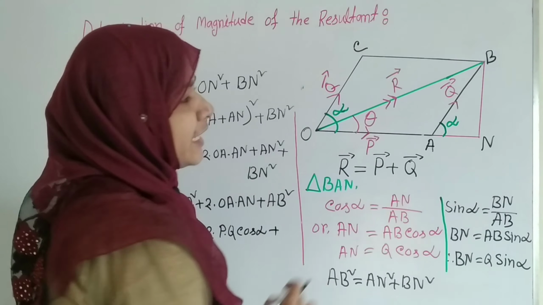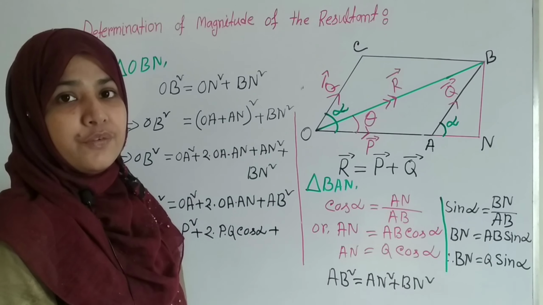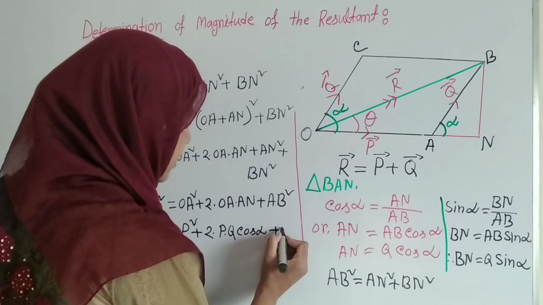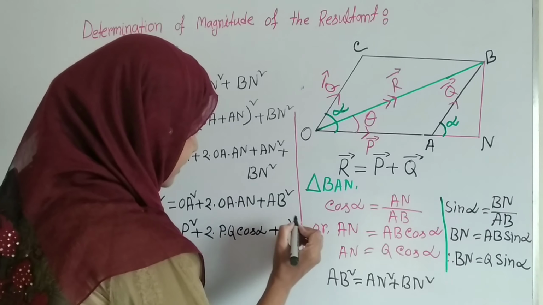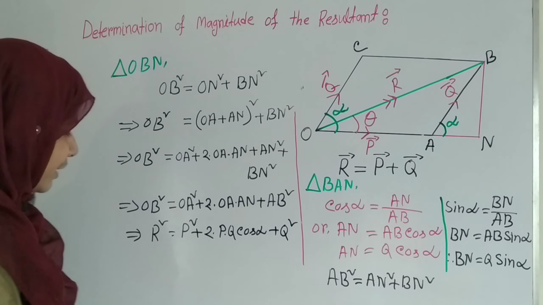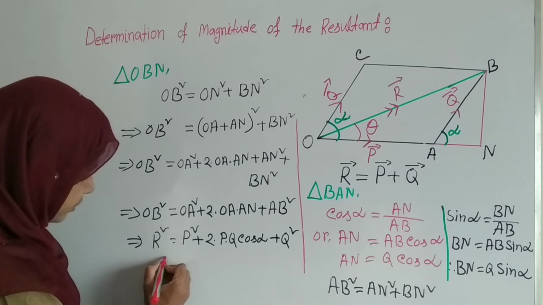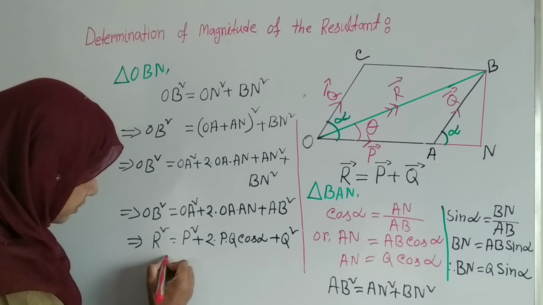AB square means the value of vector Q, that is Q square. Now we can write that R equals to root over P square plus Q square plus 2PQ cos alpha.